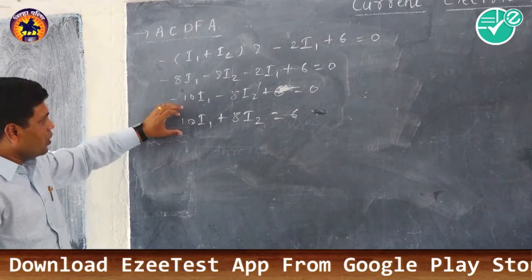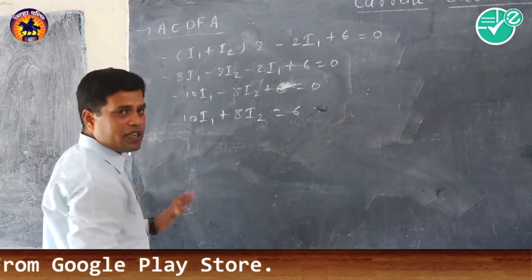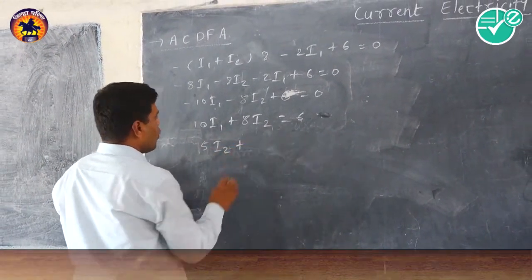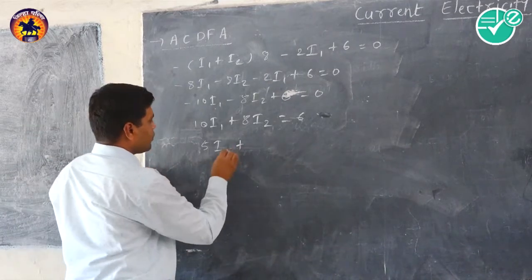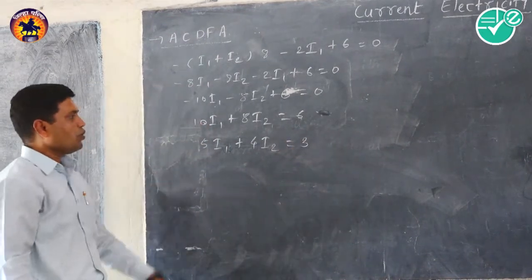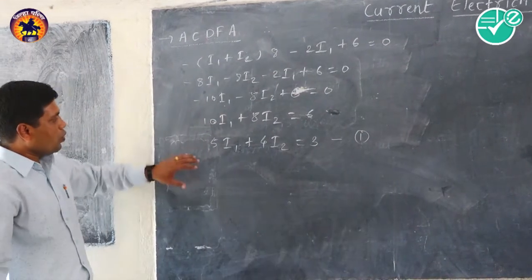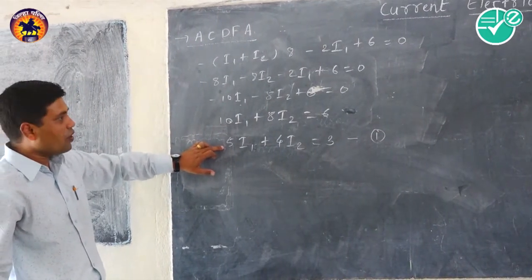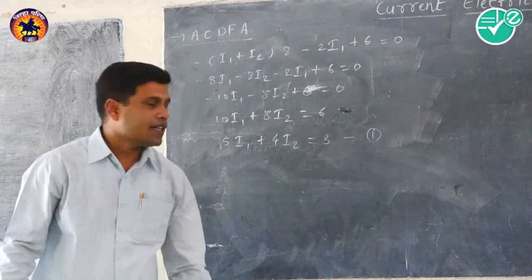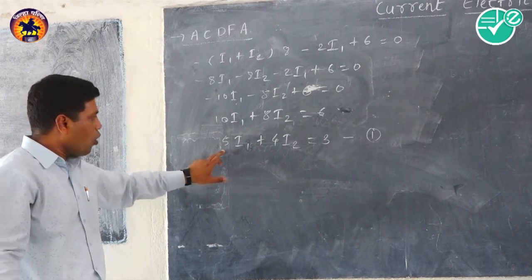Before giving this an equation number, we divide both sides of this equation by 2, and after dividing by 2 we get 5 I1 plus 4 I2 equals 3. We give this as equation 1, which we have got after applying KVL to the loop ACDFA.